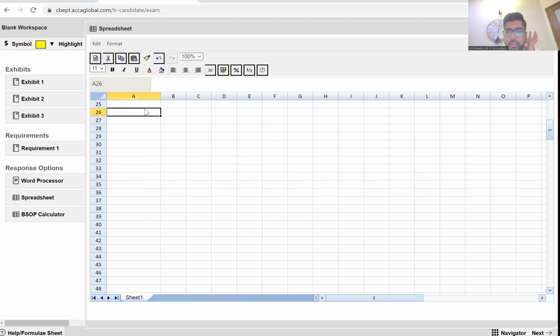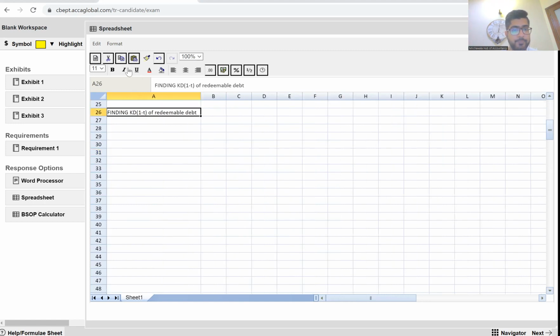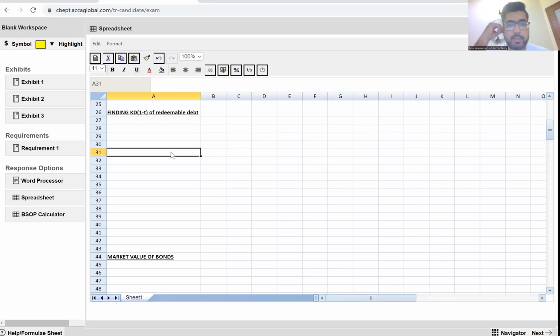But it will also help you in finding KD(1 minus T) of redeemable debt and also market value of bonds. Okay.